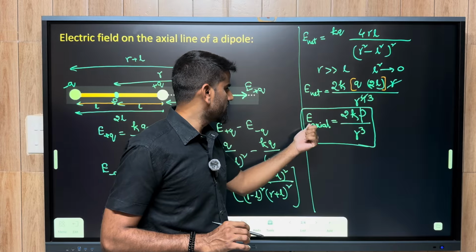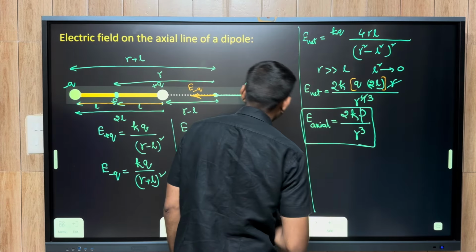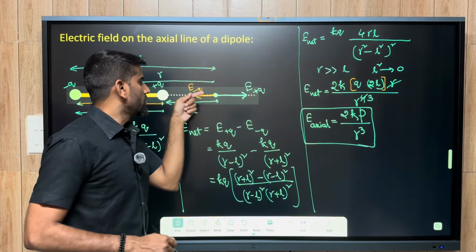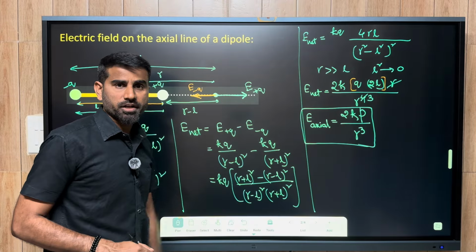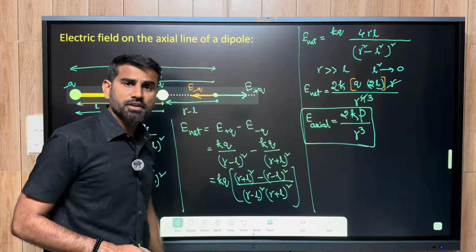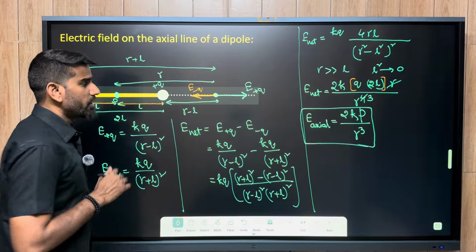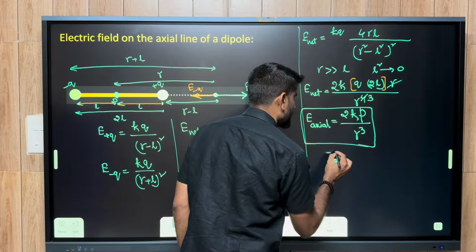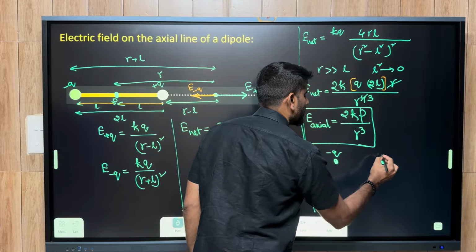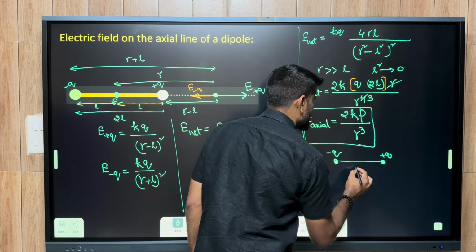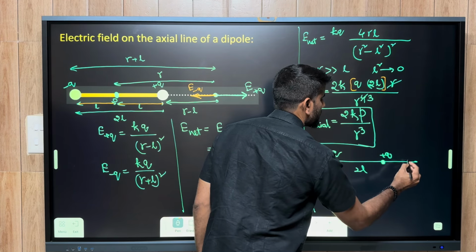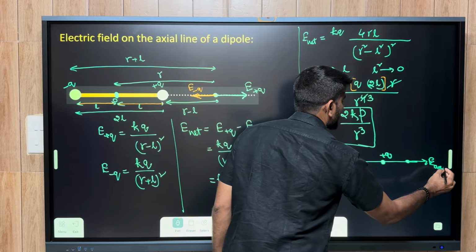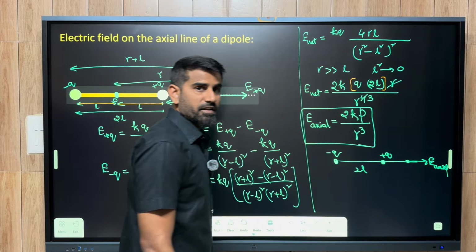So in order to represent this E axial, in which direction is E axial pointing? As we have got positive, it will be pointing in the rightward direction. That means it is positive. As we know, the dipole moment of the dipole, I am drawing it here. This is minus Q and this is plus Q, separated by a distance 2L, and we have considered the point here. At this point the electric field E axial is acting.